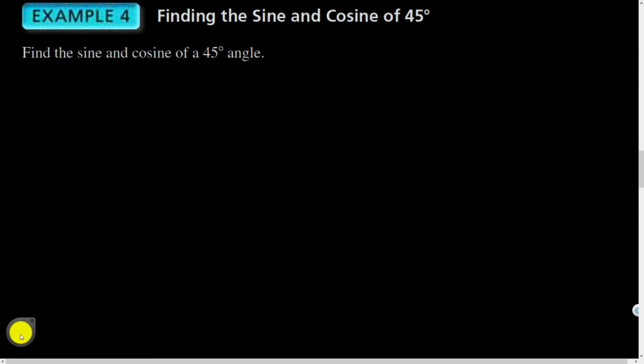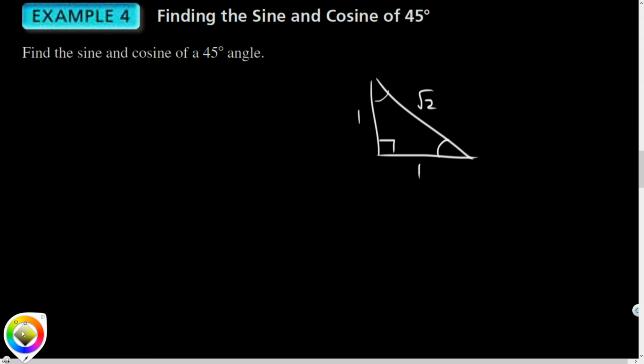Let's draw a picture. A 45-45-90 triangle. The ratios of those are that, and this is those. So if I wanted to find the sine of this angle's perspective, I would compare the opposite to the hypotenuse.